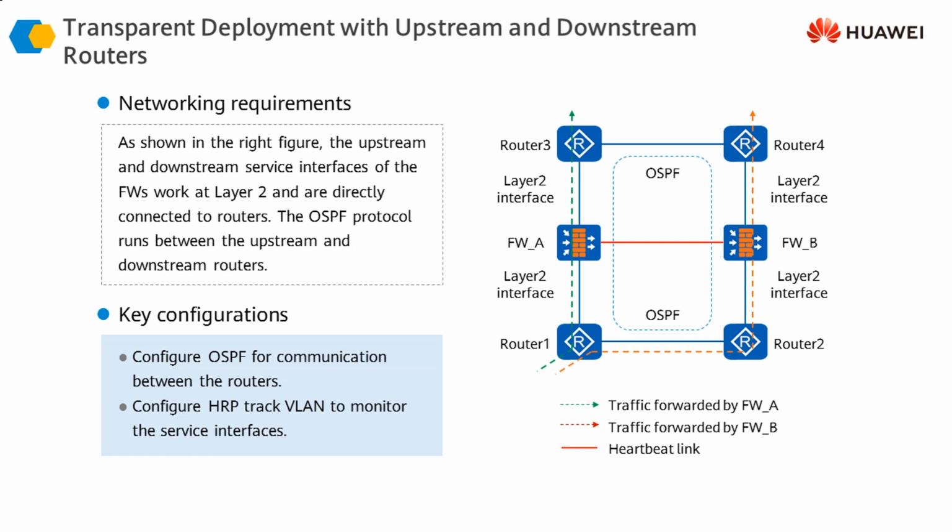We use the HRP track VLAN feature to make sure that if one of the interfaces or VLANs is not available, the active firewall can ask the standby firewall to take over, and the traffic can then be forwarded through the standby firewall. This instruction or information is exchanged using the HRP interface or the HRP link, which we also call the keep alive link.